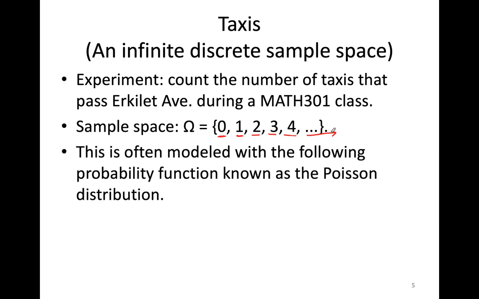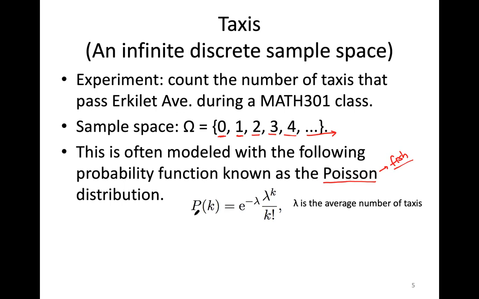In this course, we will see a probability distribution function called the Poisson distribution. This is a French mathematician's name, and in French, Poisson means fish. Now we are going to model this experiment using this probability function.